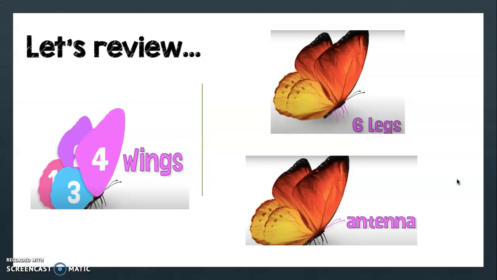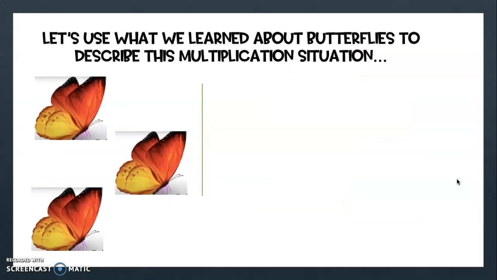This information is very important and is going to help us solve today's assignment. So let's use what we learned about butterflies to describe this multiplication situation. I'm going to show you a multiplication situation and we're going to use the butterflies and what we learned about them in order to solve.